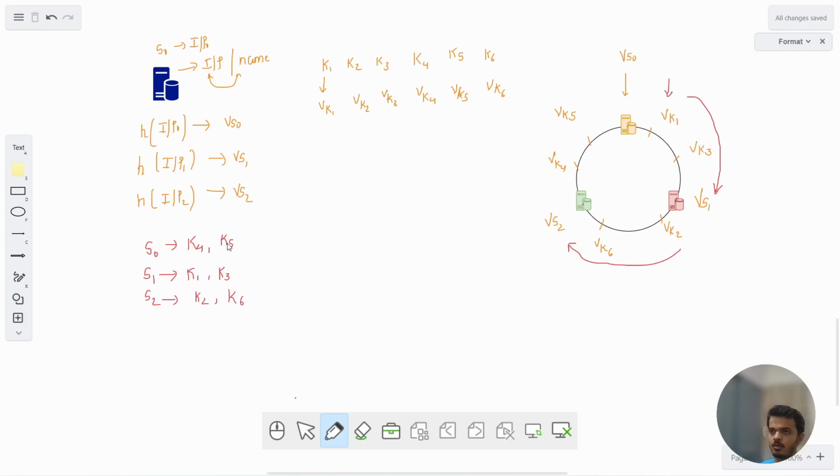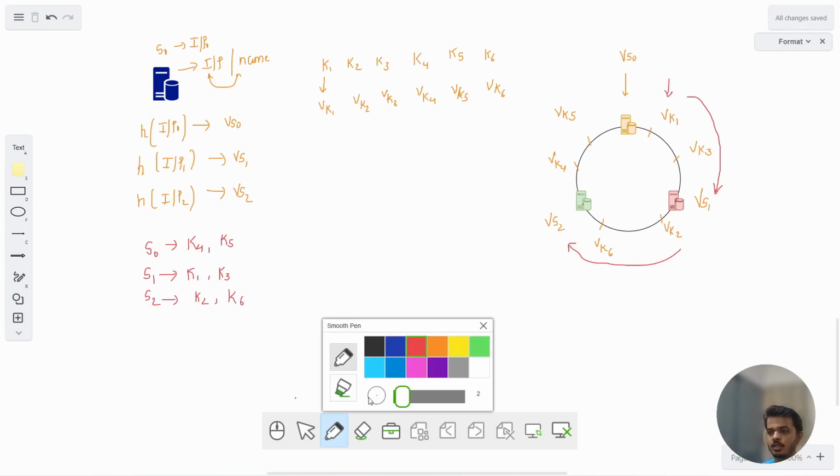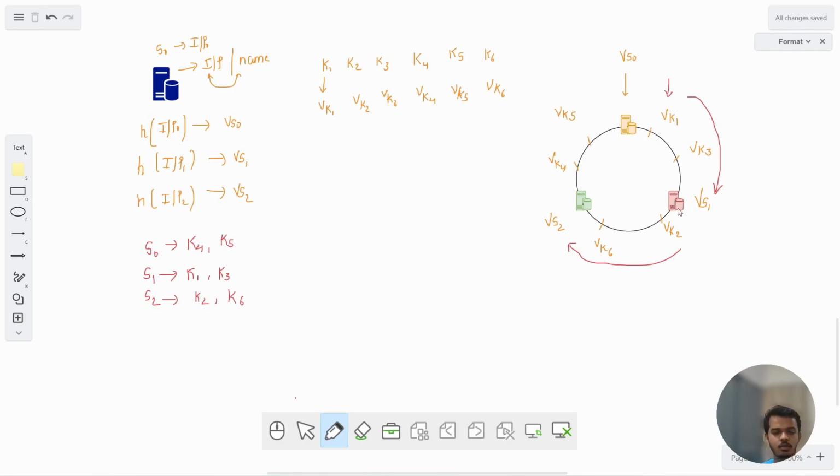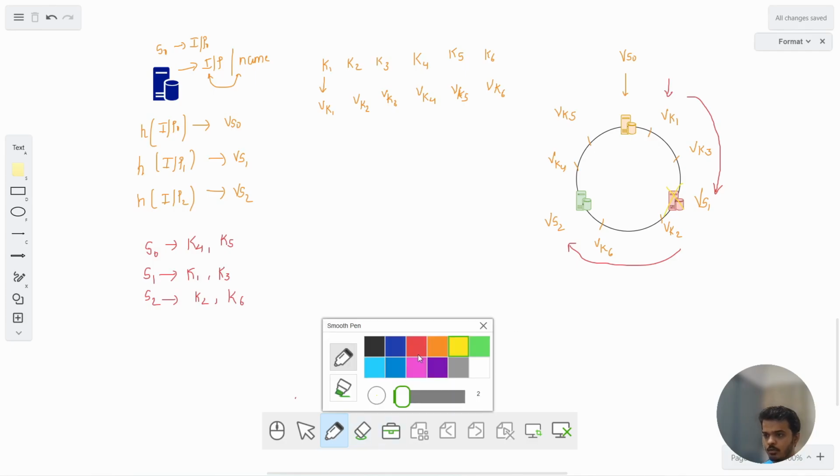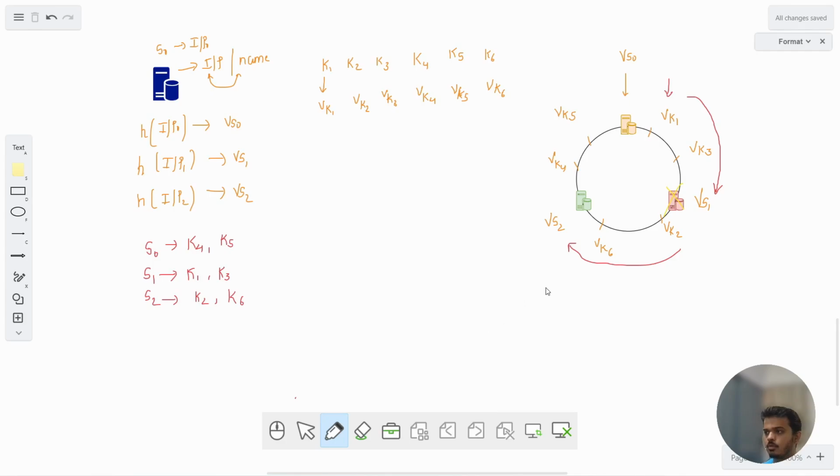Now, what was the first problem that we had encountered in database sharding? The first problem was that whenever a server goes down, almost all the keys were getting remapped or redistributed. Does this solve this problem? Let's see. Now let's say that server S1 has gone down. This server does not exist. So what will happen?